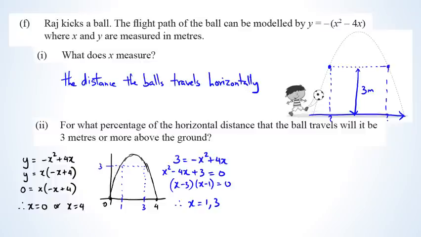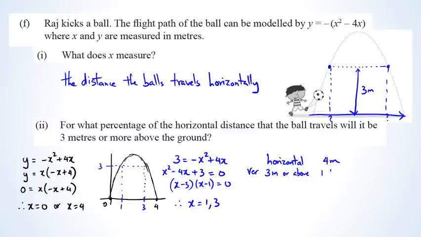Now, because they're asking for 3 meters or more above the ground, you can see that the horizontal distance the ball travels is 4 meters altogether. But for 3 meters or above vertically, God, this is such an annoying question.